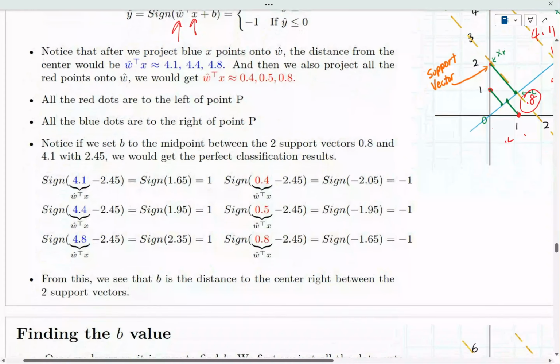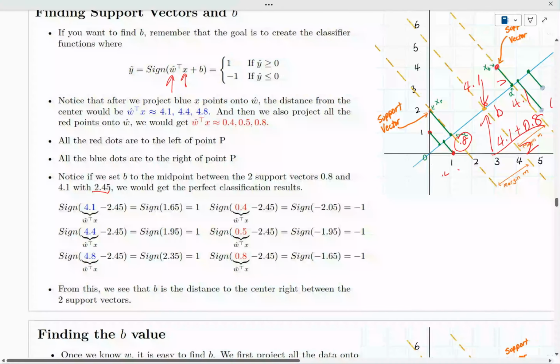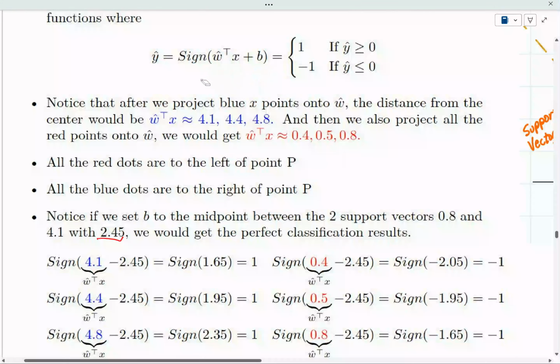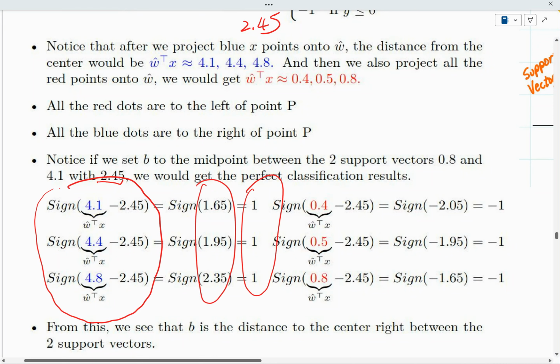If we take this center point, it turns out to be 2.45. Notice how all the values on the positive side, minus 2.45, are positive, giving us the label of 1.